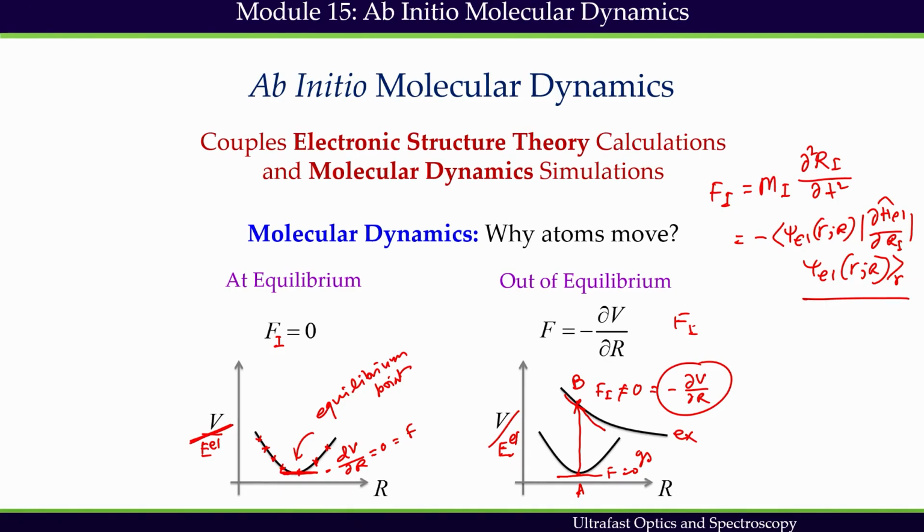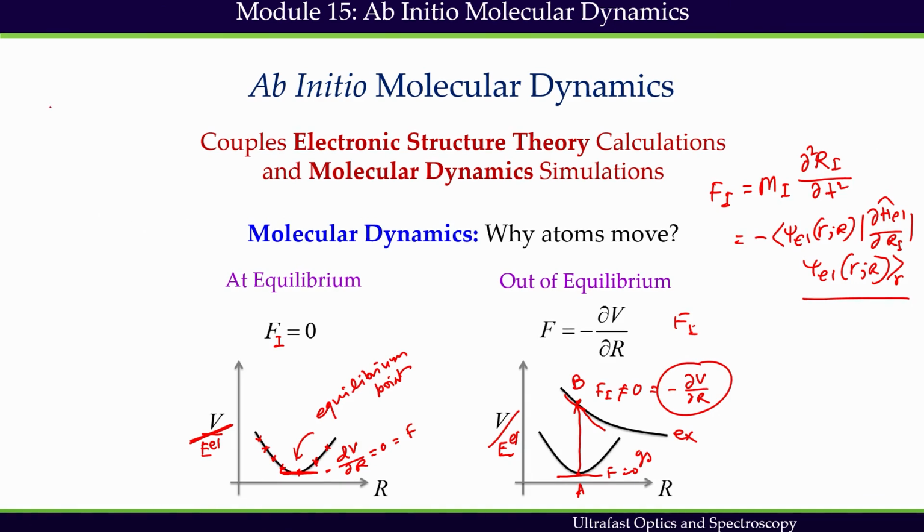So, the basic idea in ab initio molecular dynamics, particularly following the mixed quantum classical approach, is that nuclei will move only when there is a force acting on them, and force can be calculated directly from the potential gradient. Potential can be calculated from electronic structure theory calculation.